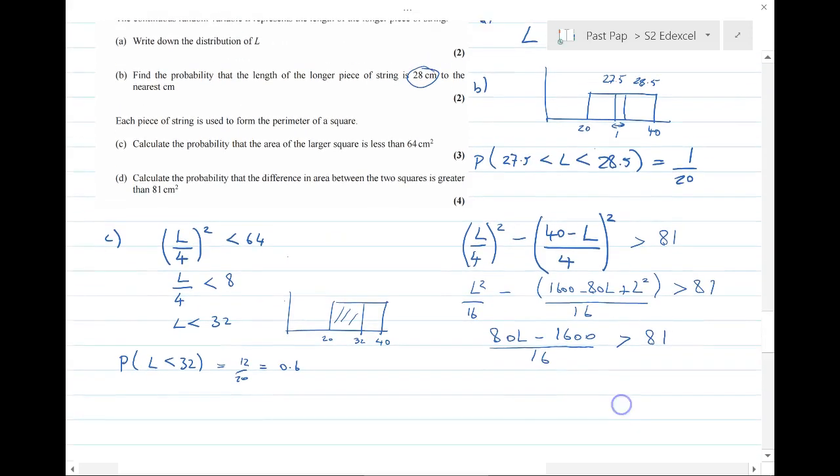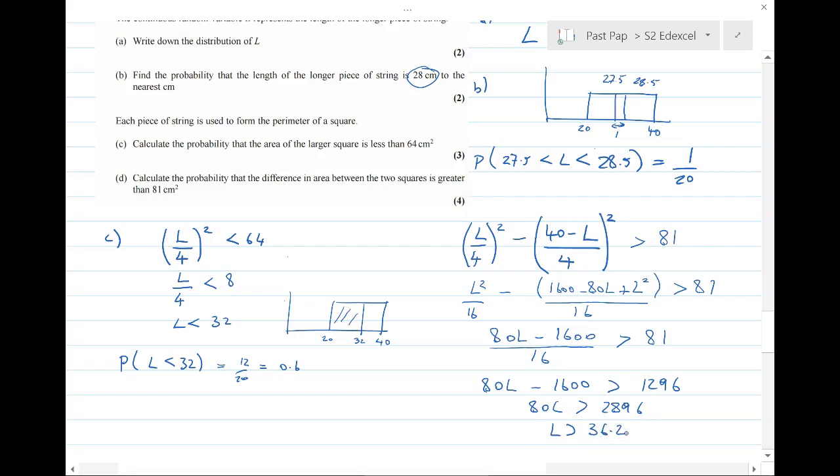Okay, and we can work that out. That gives 80L minus 1600 is greater than 81 times 16. I'm just doing it on my calculator now. That's 1296. So that gives me 80L is greater than 2896. That gives me L is greater than 36.2.